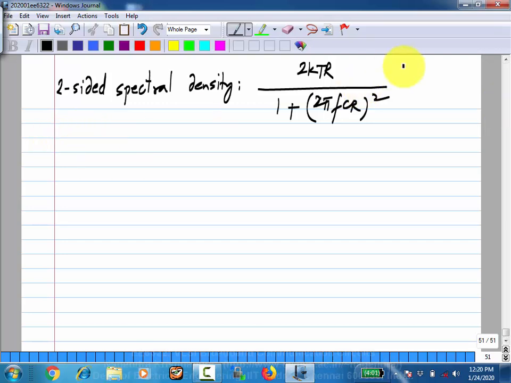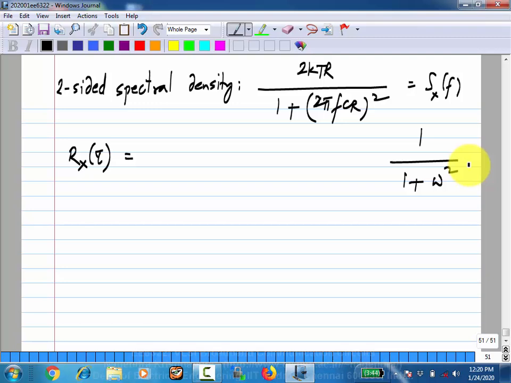This is, let's say, the power spectral density. What is the autocorrelation function corresponding to this? Do you know? I mean, this is of the form... okay, if you are more comfortable... What's that?